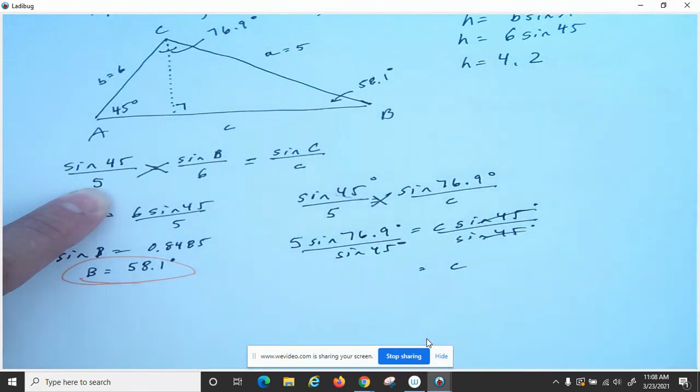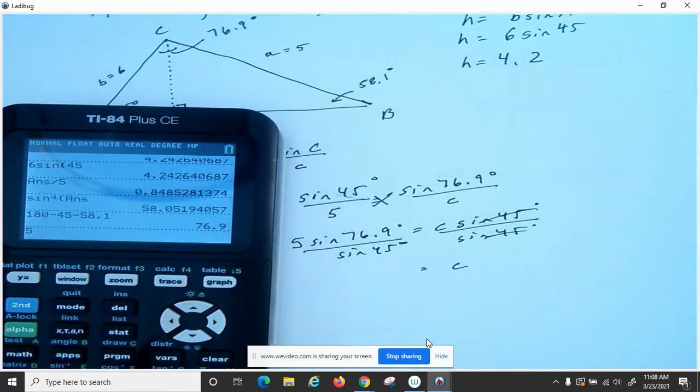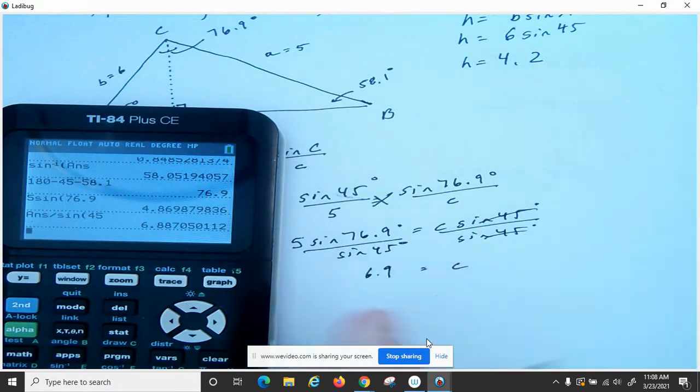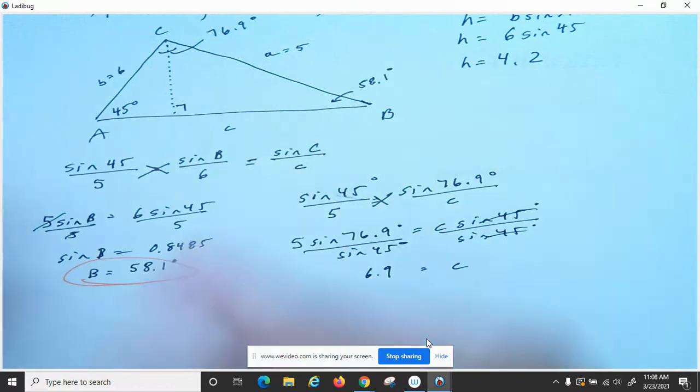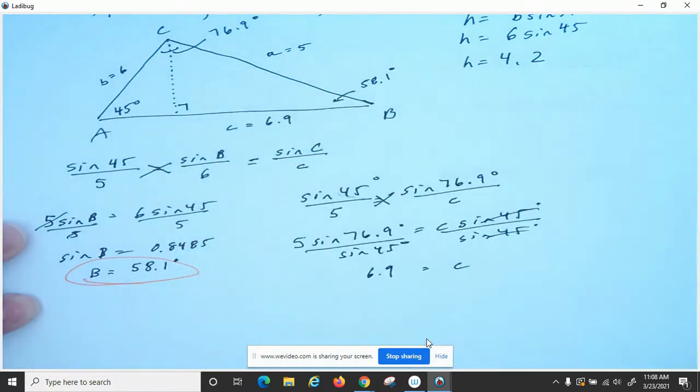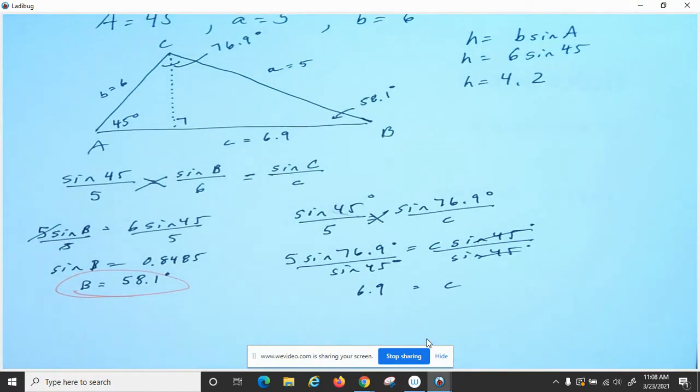And c will be equal to about 6.9 units. Okay, so we have completed triangle number 1.